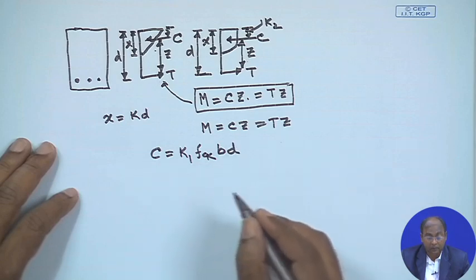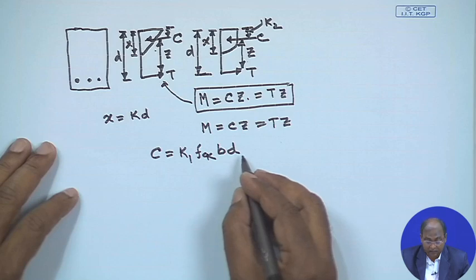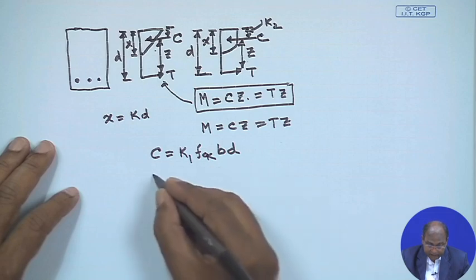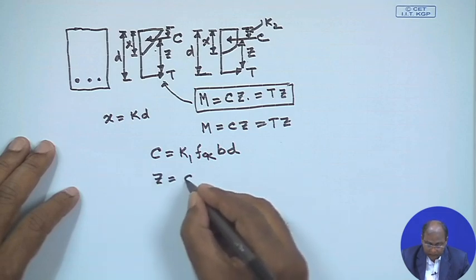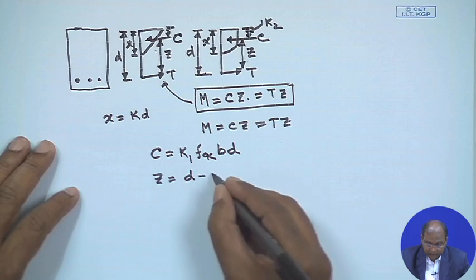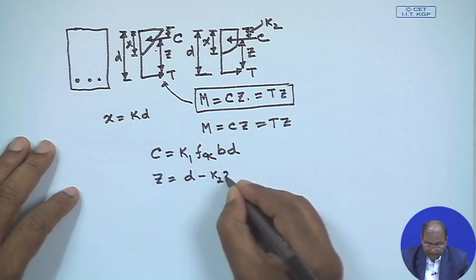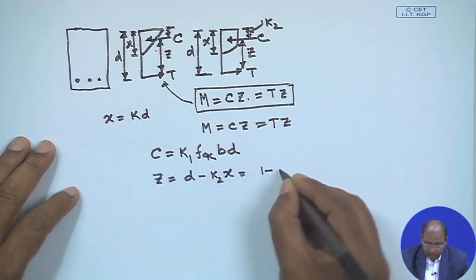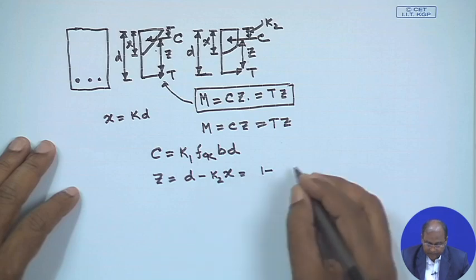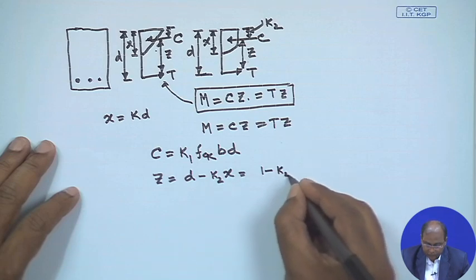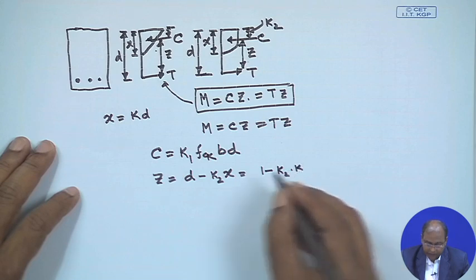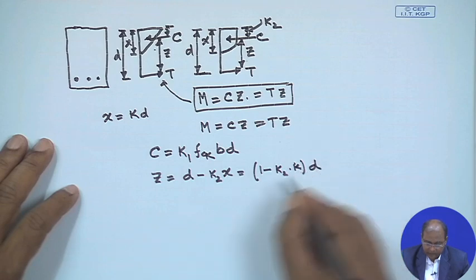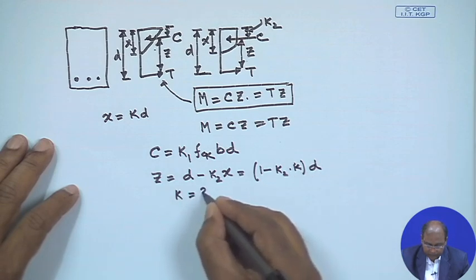Similarly, we can say z equal to D minus K2 x, equal to 1 minus K2 into k, D, because k equal to x by D.